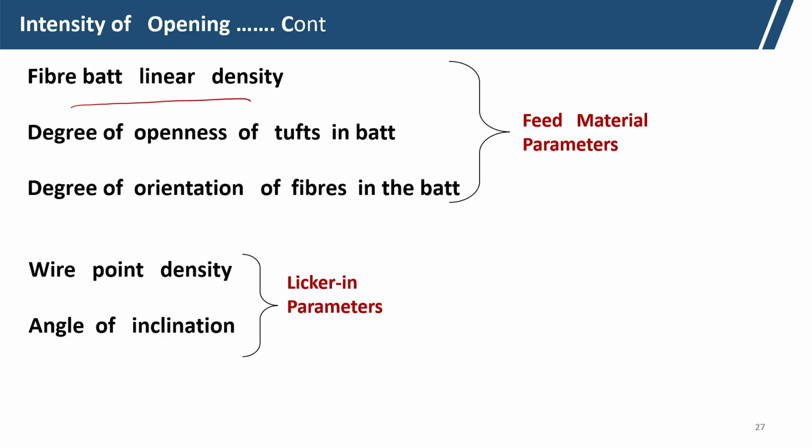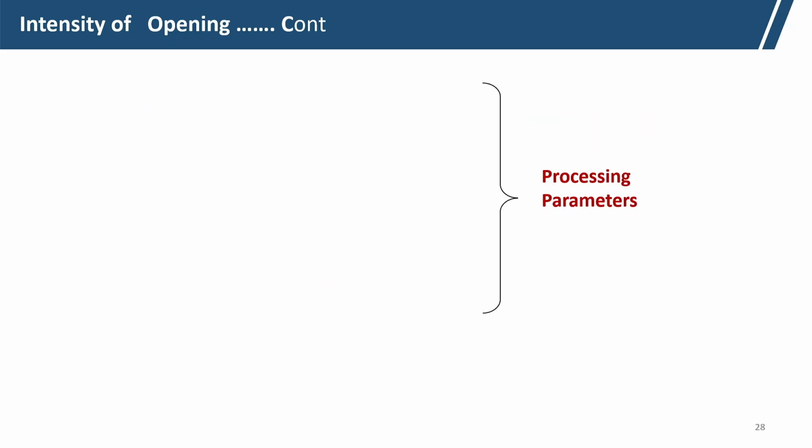Among the licker-in parameters, the wire point density and the inclination of the wire point affect the intensity of opening. And processing parameters are settings: definitely if we have a closer setting, then the intensity of opening will be high.